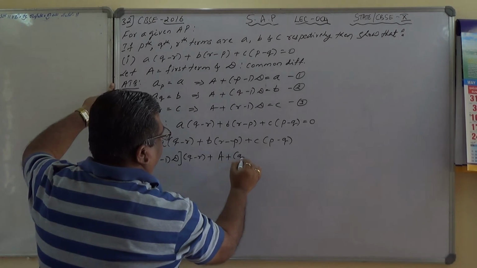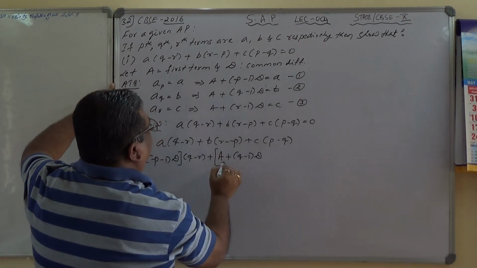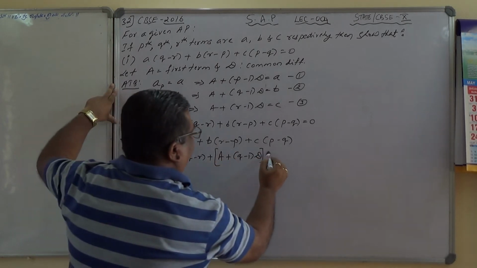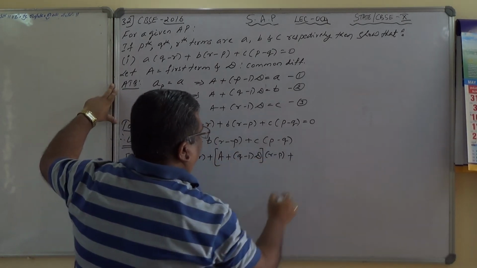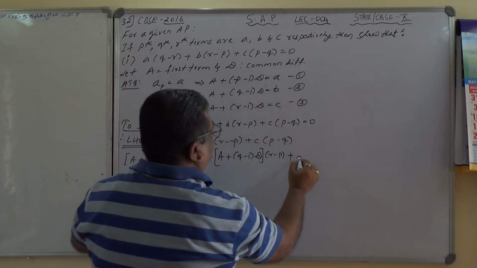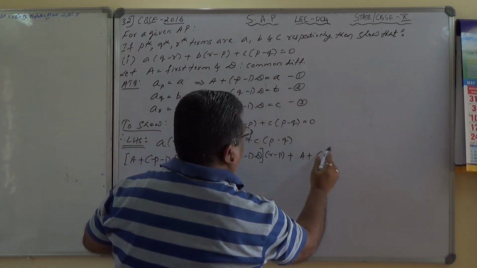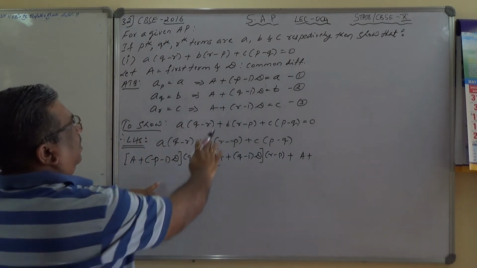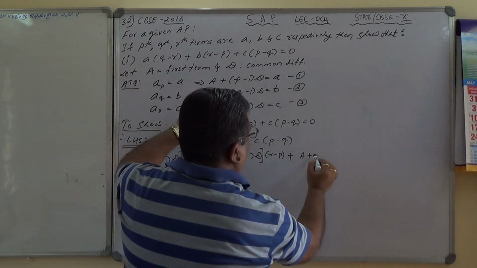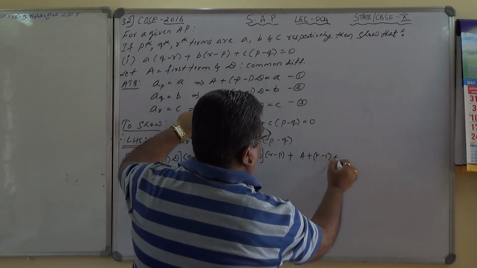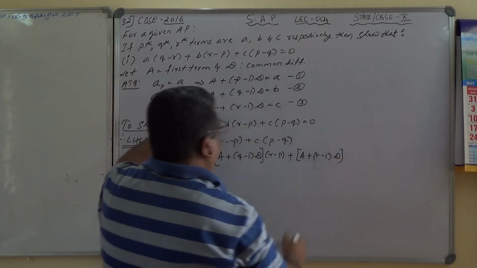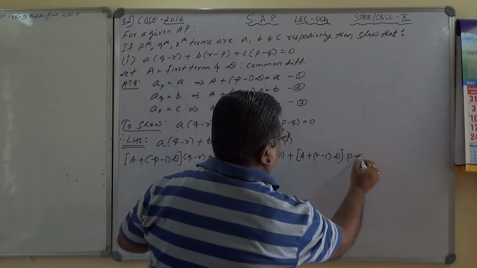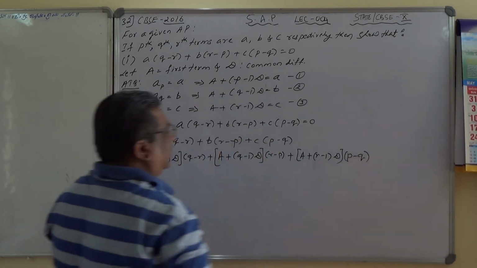A plus (q minus 1) into D, this one. This is b into (r minus p), plus, what is c? This one, A plus (r minus 1) times D, into c here, (p minus q). This is LHS.